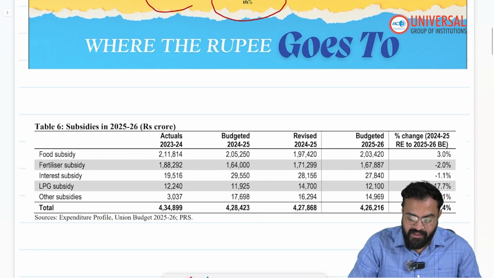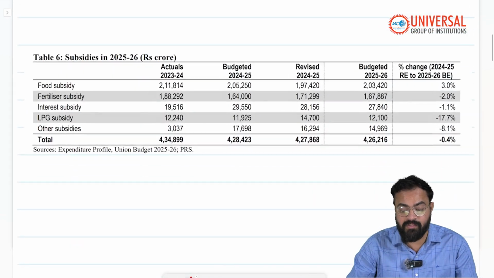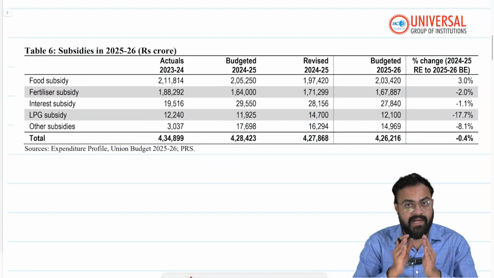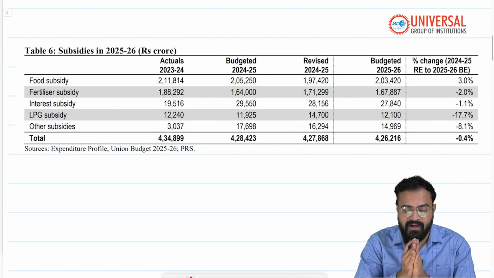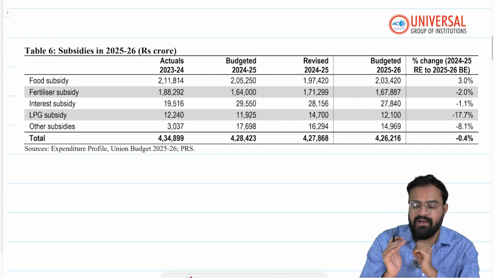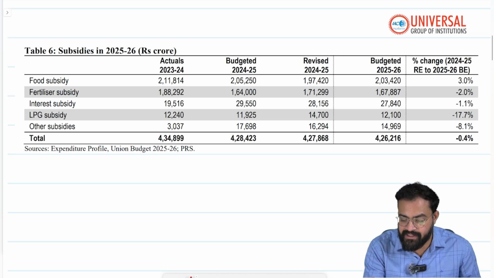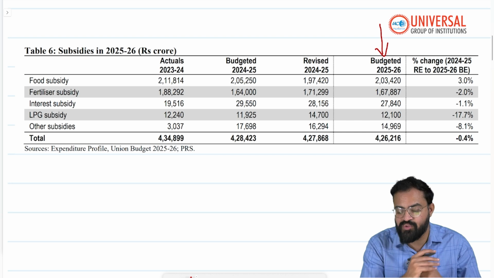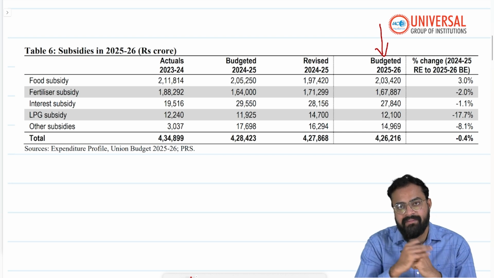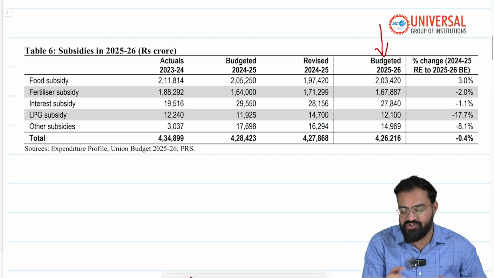Now look at the things that we are supposed to remember, not exactly, but we are supposed to have a rough idea. You can see very clearly here that we have 4 sets of data. The first happens to be the budgeted estimation for the upcoming financial year.